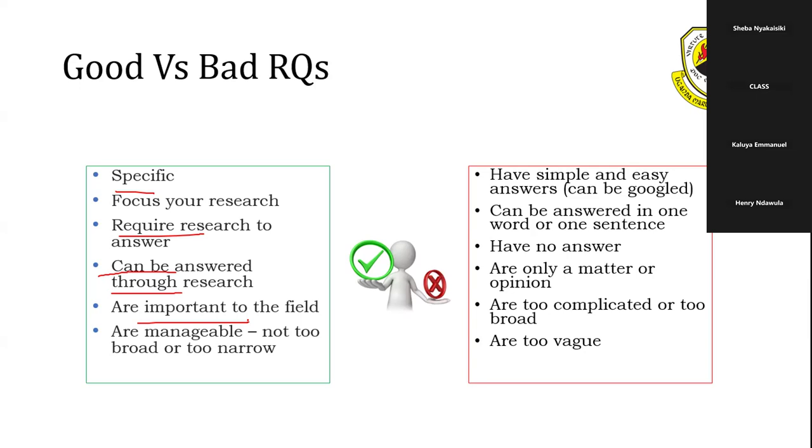What do I mean? Someone may have, let's say, a question or an objective like improving marks, improving cognitive abilities of students by using ICT.